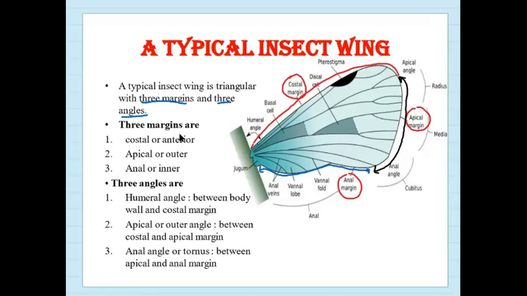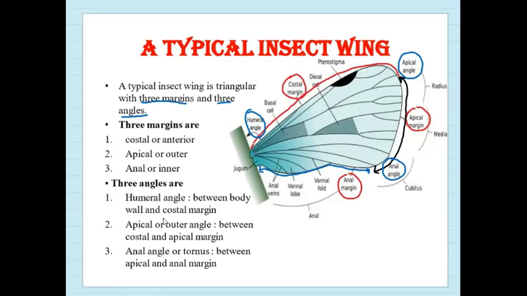And the three angles on this typical wing: the humeral angle, the apical or outer angle, and the anal angle or tornus.